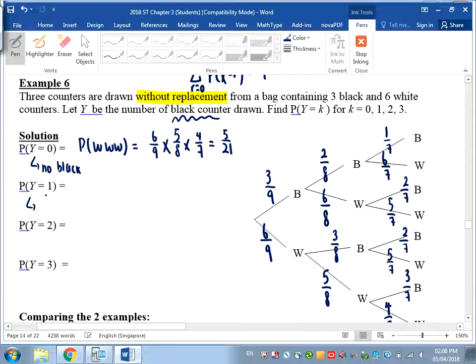y equals 1 means that I will have one black counter. So I can write it as such. Assuming the first counter is black, I can first find the probability of black, white, white, but I still need to multiply by 3 later on. So following the branch, black, white, white.